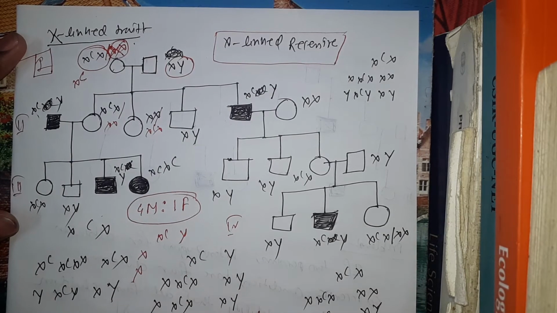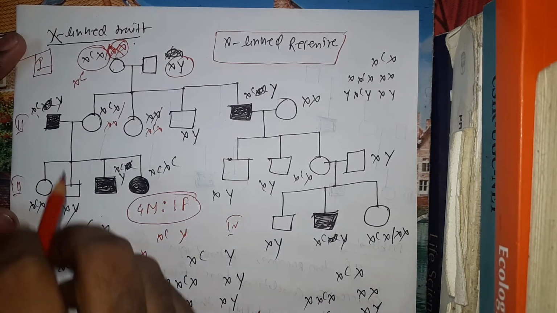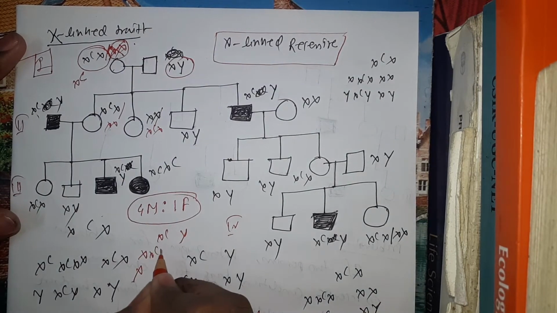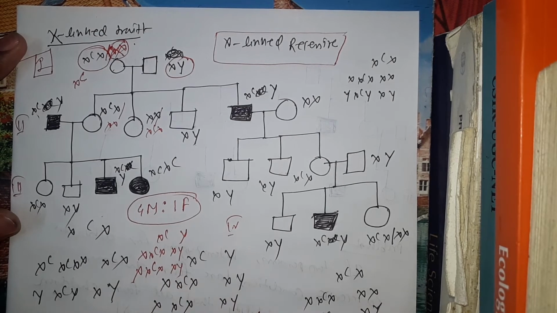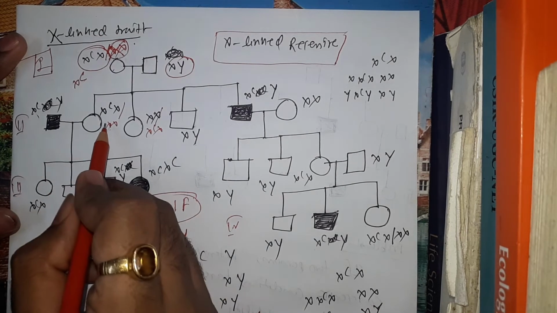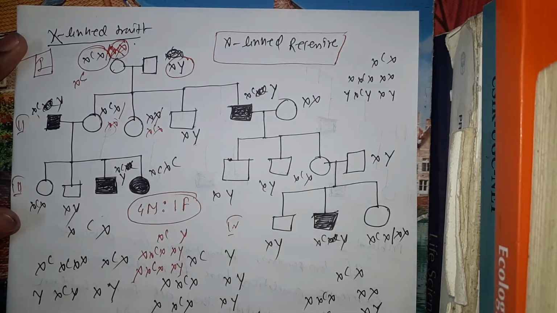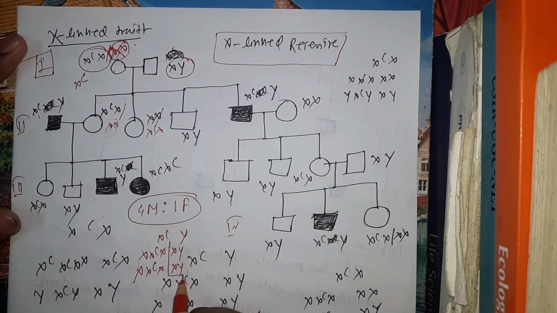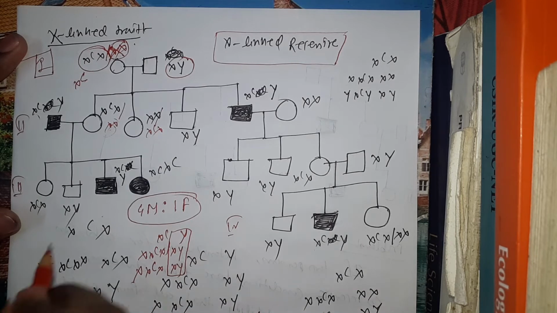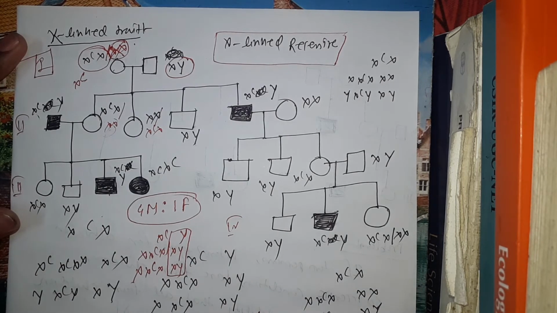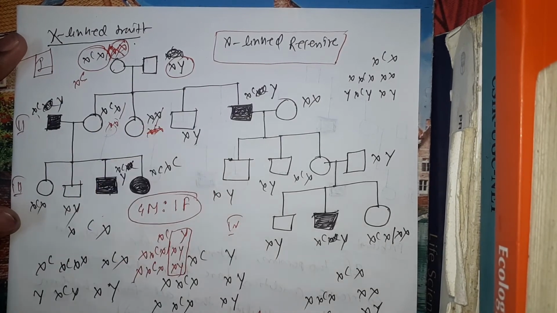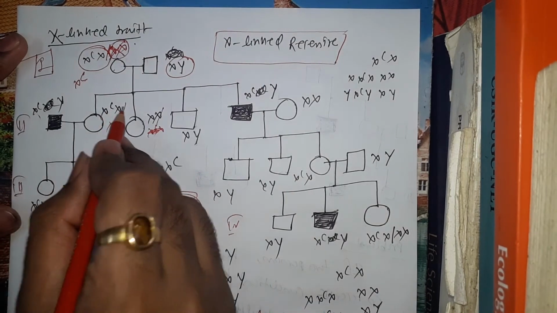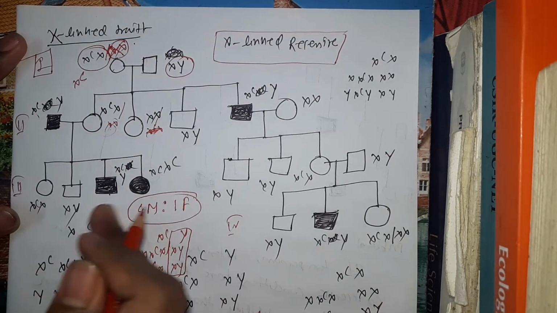Let's see what will happen if we take it as normal: XX, XY, XX, XY, right? So if we consider this female as normal, not a carrier, then there will be no diseased son, but they have a diseased son. That means this female is a carrier, and her sister will then be normal type. So this is XcX and XcY, and they have their children.